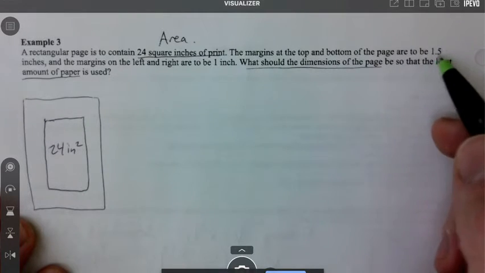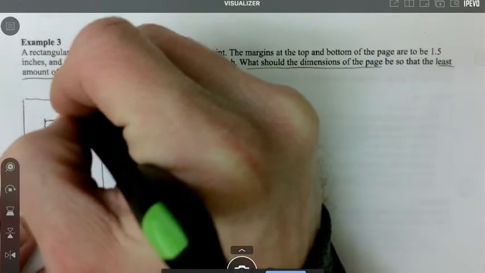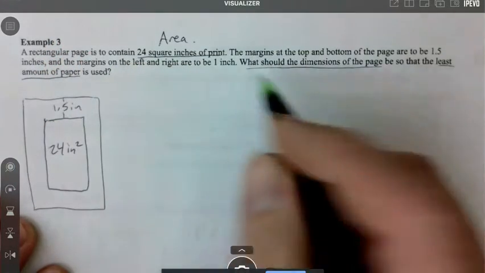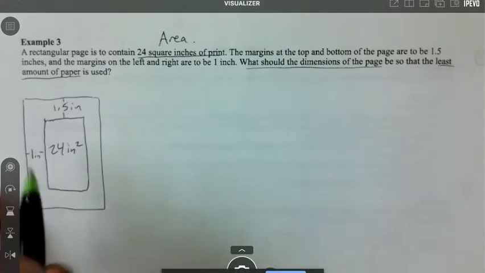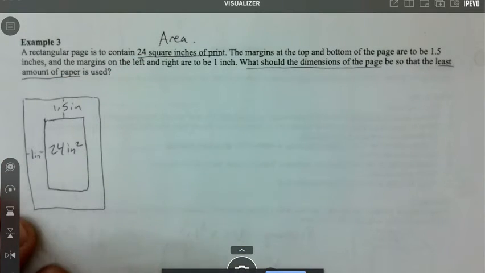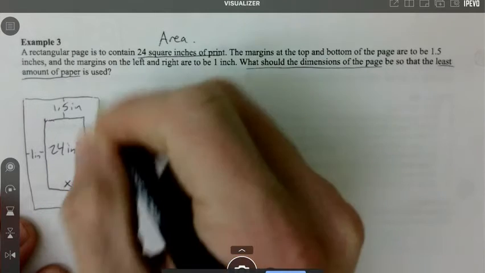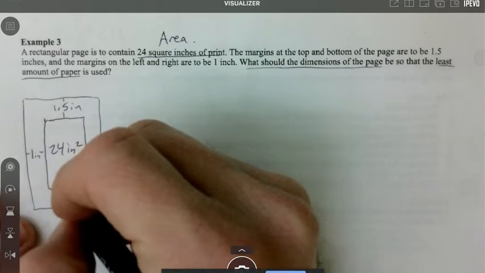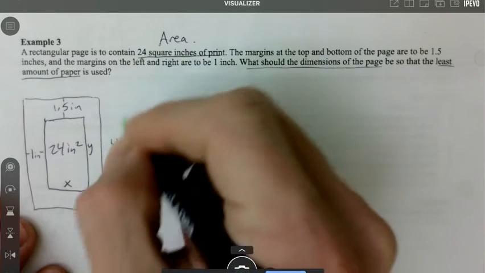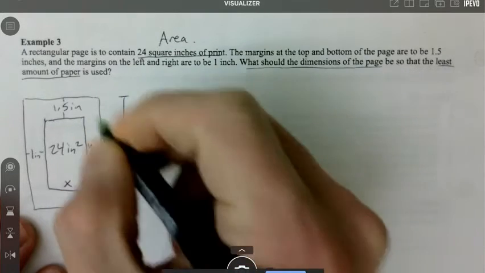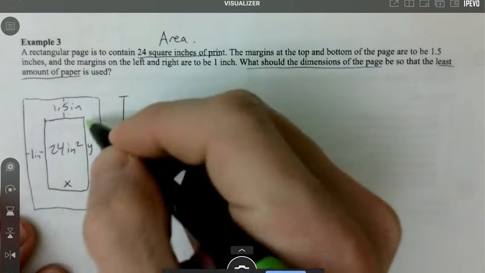You've got 1.5 inch margins on the top and bottom, so from here to here is 1.5 inches, same down here, and then you have 1 inch margins left and right. If I call this side X and this side Y, then on the exterior, it's going to be Y plus 3 for this whole side length, because I have 1.5 inches, 1.5 inches, and this Y in between.